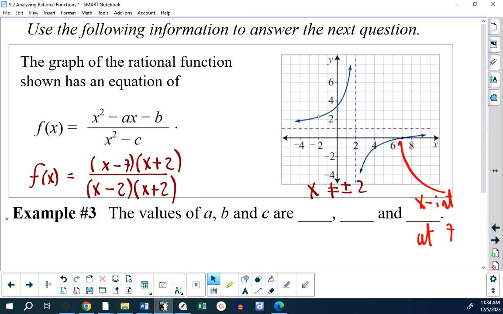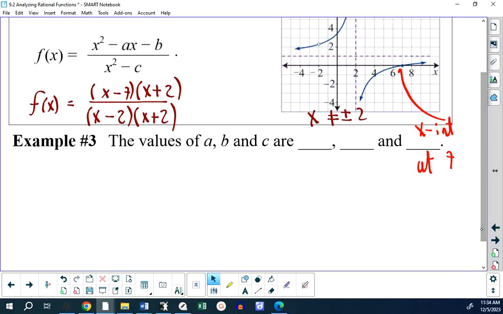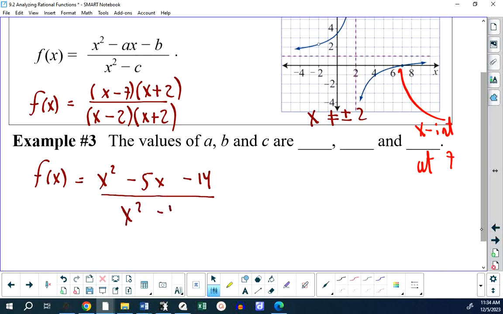Oh, we're not done. We have to expand this out to get the A, B, C information. So f of x is x squared minus 5x minus 14 over x squared minus 4. I'm assuming you can FOIL out x minus 7, x plus 2.